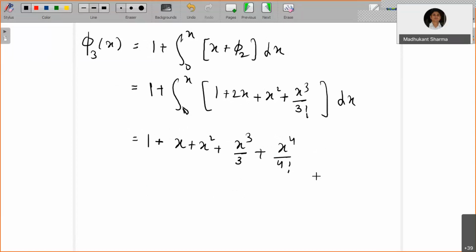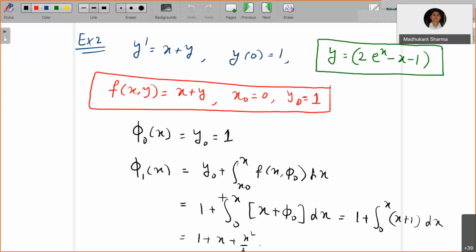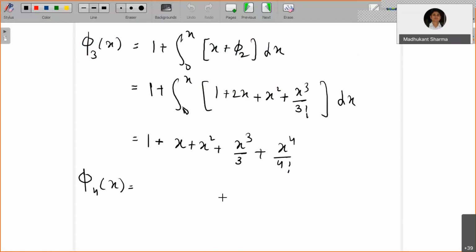Now what you are obtaining, I want to write phi4 from here. What I observe is the first 3 terms are right. So if you again go for this, 1 plus x plus, and 2x will come.